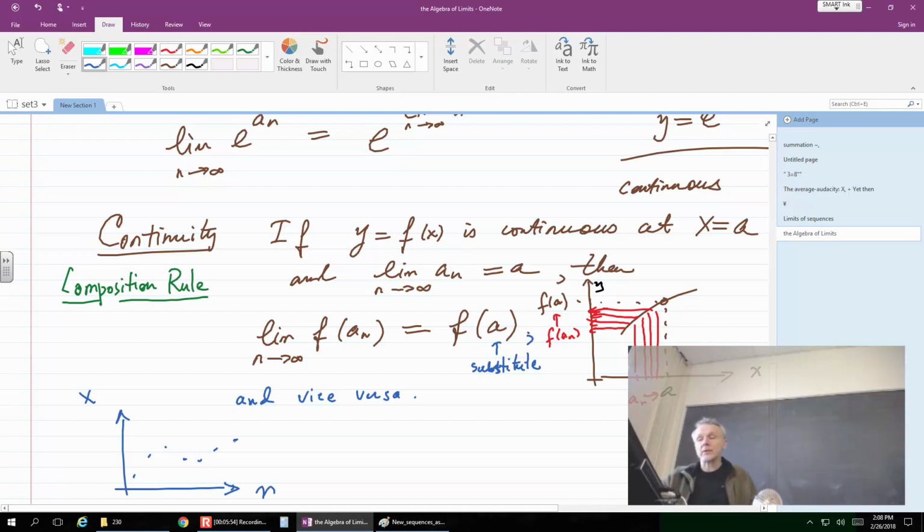So that's what the sequence is. If you want to think about a sequence as a function, then those integer values of n are the inputs, only 1, 2, 3, 4, and so on. And that gives me the output values on the x-axis.